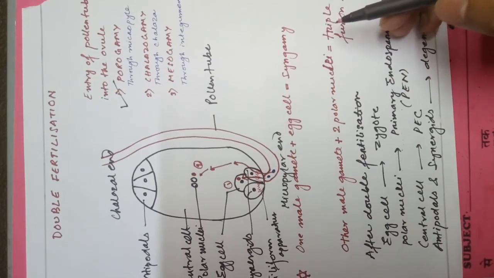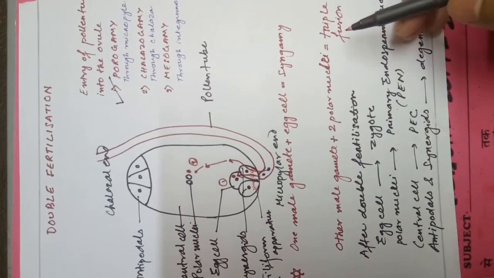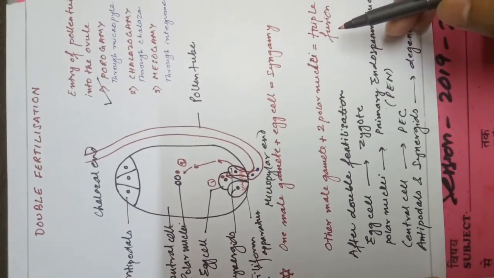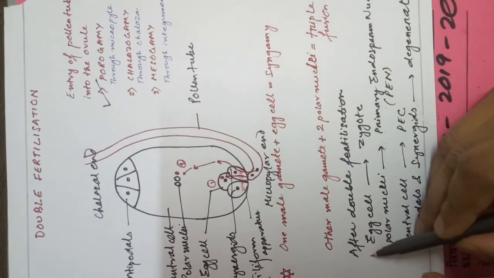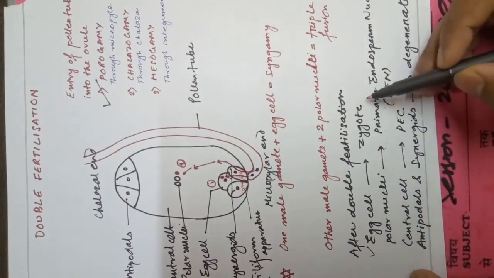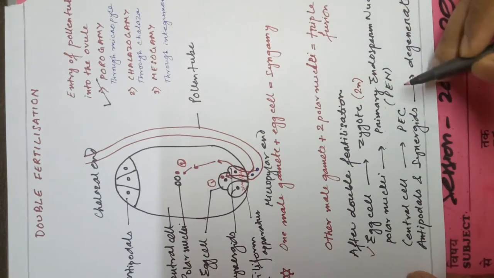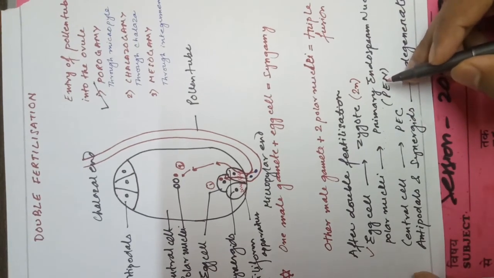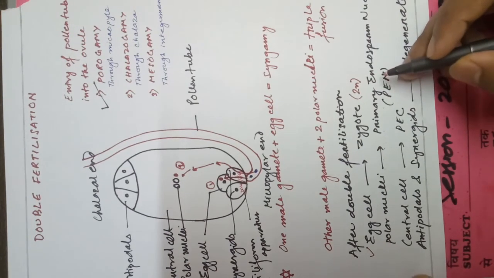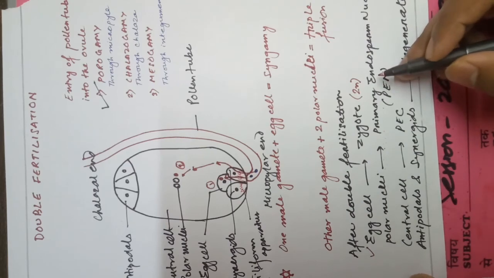Now what happens after the fertilization is over? After fertilization, the egg cell becomes the zygote, a single diploid cell. The zygote is diploid because the egg cell is haploid and the male gamete is haploid; haploid plus haploid gives diploid.